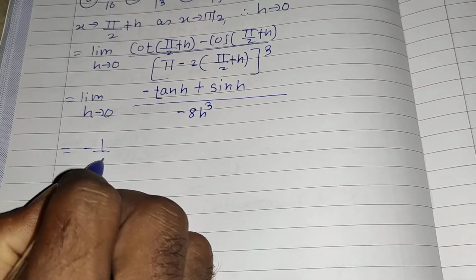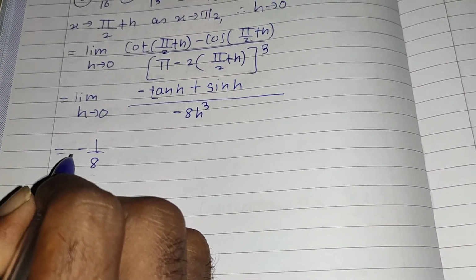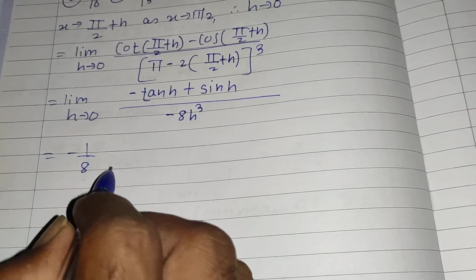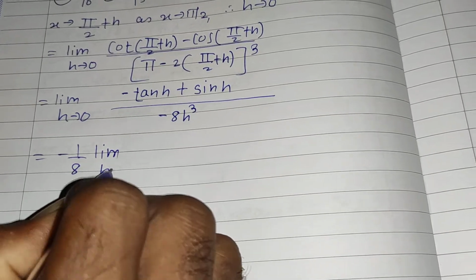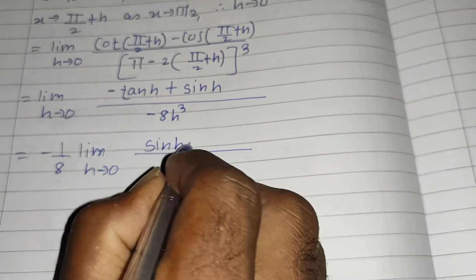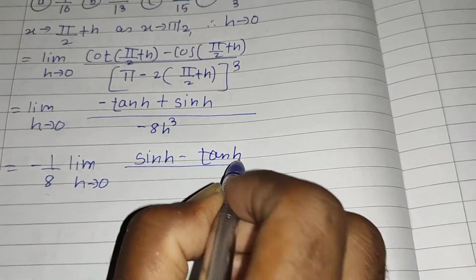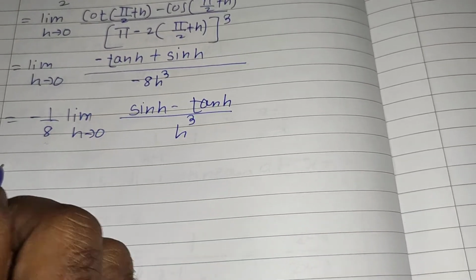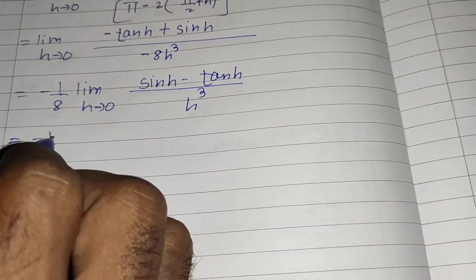Taking minus 1 upon 8 common, limit h tends to 0 as it is. Now this is sin h minus tan h upon h cube, minus 1 upon 8 as it is.